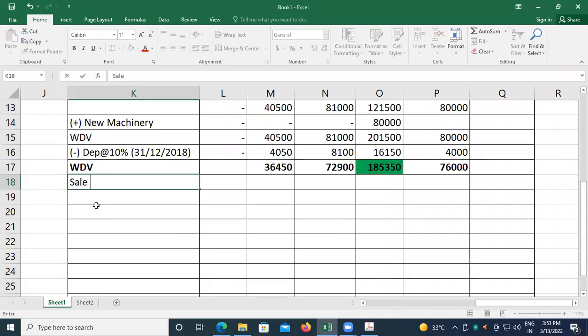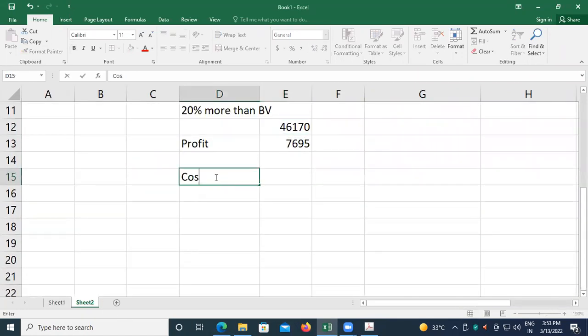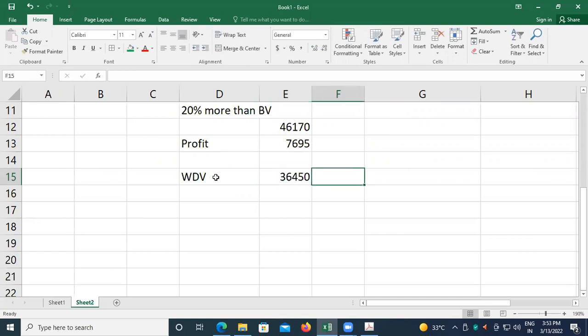First, remember, we are selling the second part of the asset. Now, what is the balance left? Second part of the asset is 36,450. Now, 36,450 is the written down value, once again that is nothing but my cost. Now, this sale is 10% less than the book value of the asset, right?